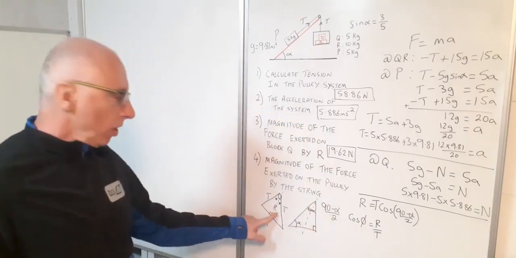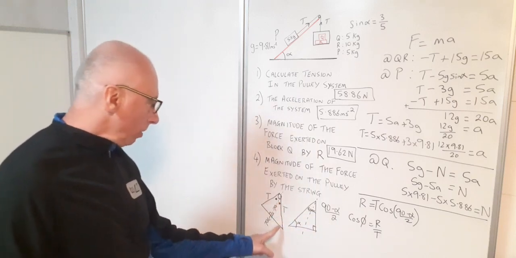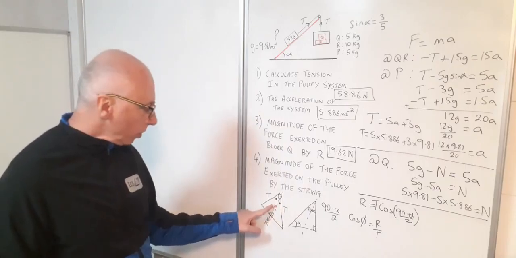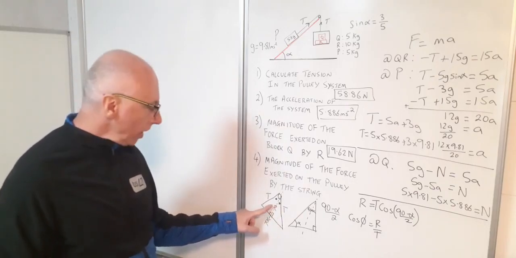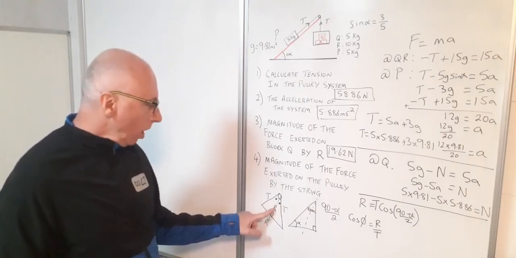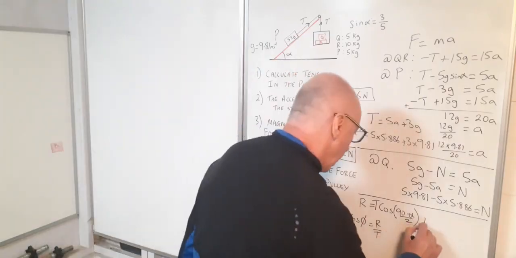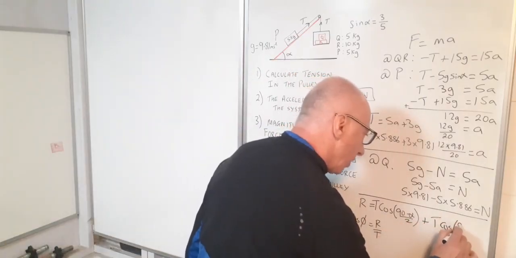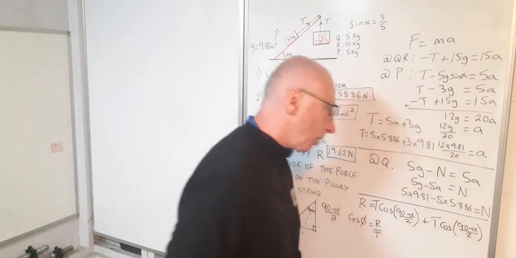And that would be for one of my R's, and then I need the other force. So I need the one coming from this side as well, and again that would also be cosine. So cosine of phi equals R over T. So it's going to be the same angle. So I'm going to have to add T times cosine of 90 minus alpha over 2.